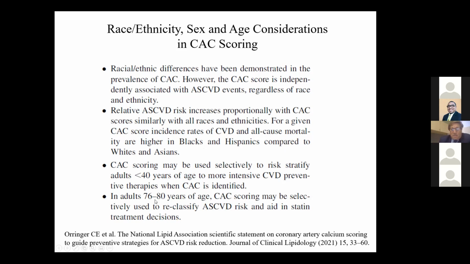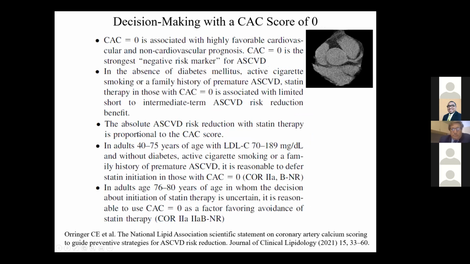And in patients aged 76 to 80, calcium score may be selectively used to reclassify risk and aid in statin treatment. So there were recommendations based on both younger as well as older age patients.